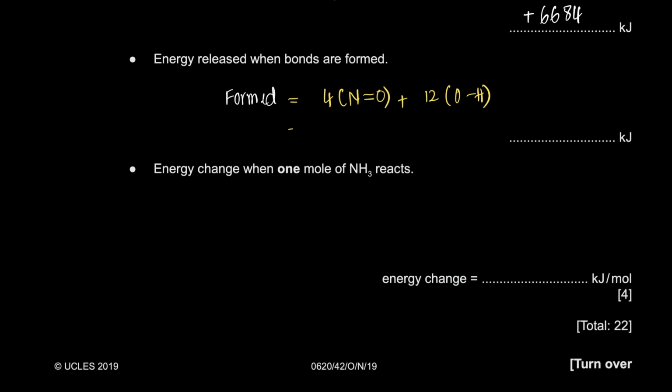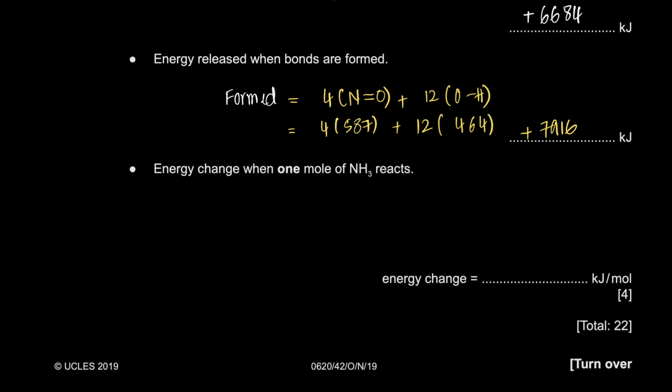If we look at the question above, nitrogen oxygen is 4 times 587 plus 12 times O-H, which is 464. Calculator time. 7916. Again, you can put a positive over here if you feel like it.